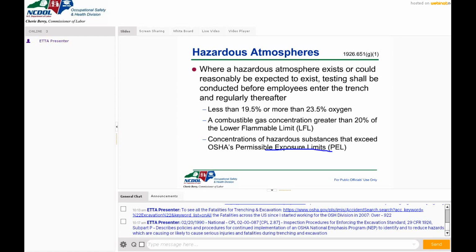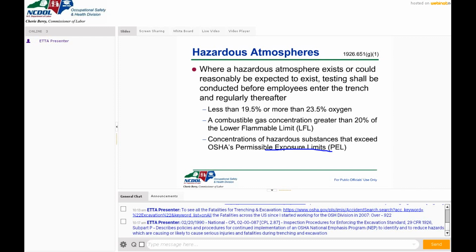One of the things we have seen in the past and people don't think about is jackhammering in rock or breaking rock up down there so you can lay the line or level it out. Now you're generating silica dust, which now has a standard as well. So pay attention to the permissible exposure limits for folks.